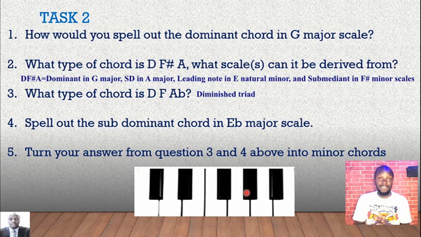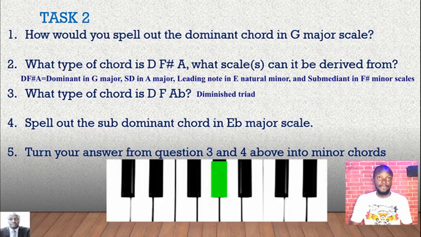So on E flat major scale, the subdominant will be on A flat. So quickly get a major third from A flat, and a major third is 4 semitones: 1, 2, 3, and 4. That's C, right? So A flat to C is a major third.